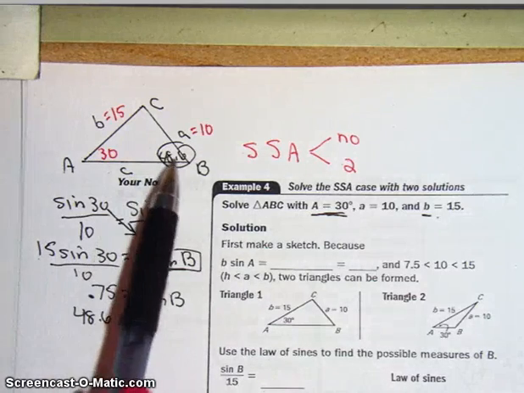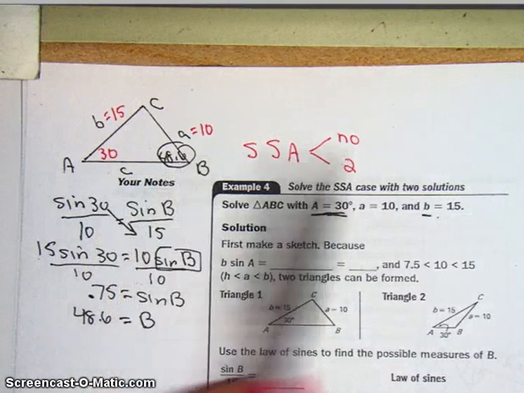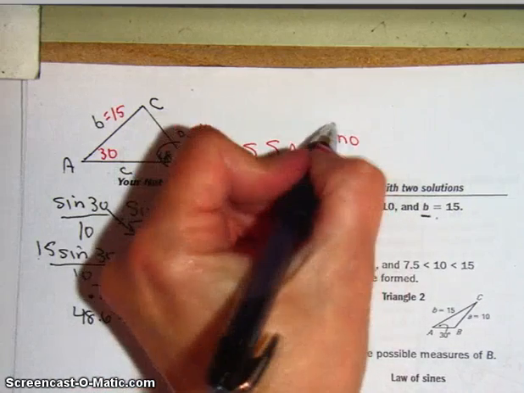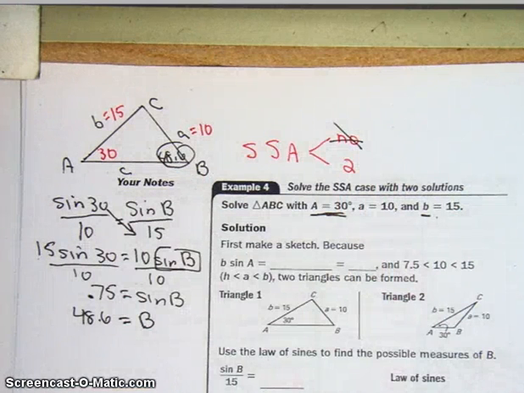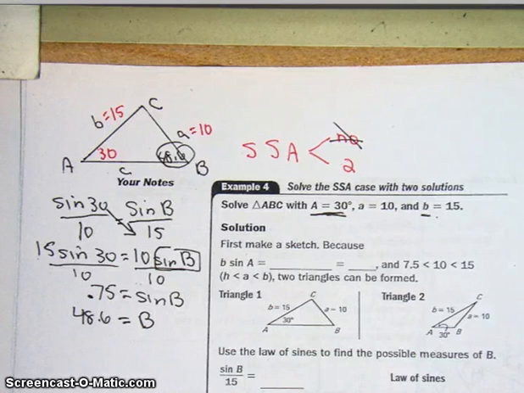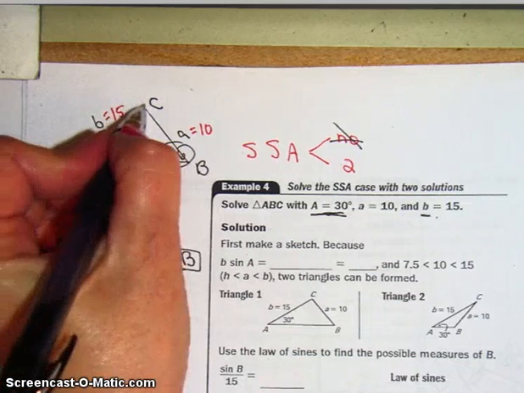Now, guess what? As soon as you get an answer for angle B, you can go over here and cross off no, and we're going to have two triangles. Okay? And how are we going to have two triangles, you ask? Let me show you. Remember I had my straws with the hinge up here?